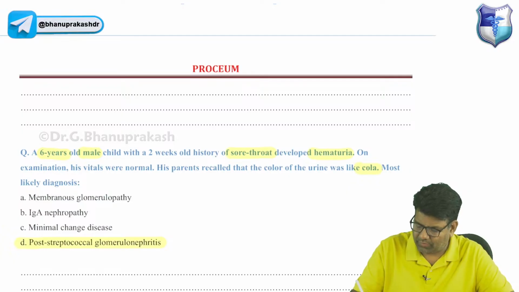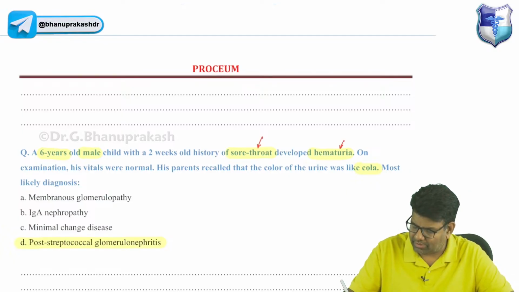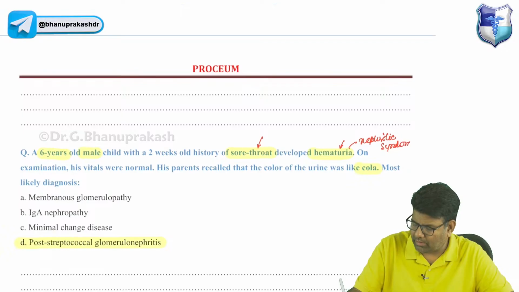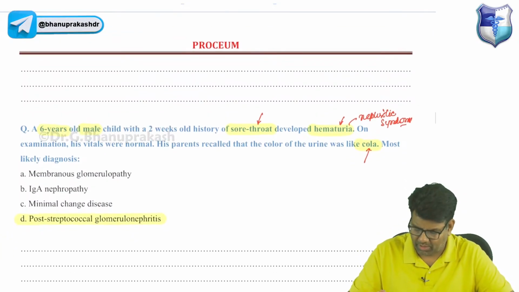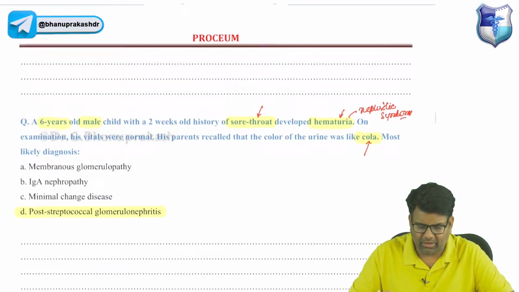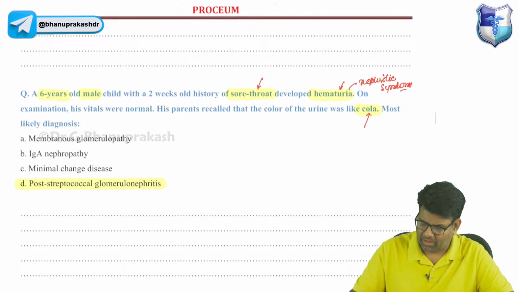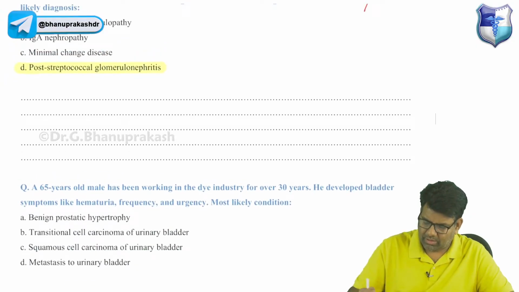There is a history of sore throat and hematuria, that is nephritic syndrome. Classically, the color of the urine is cola colored, nephritic syndrome. And next question.